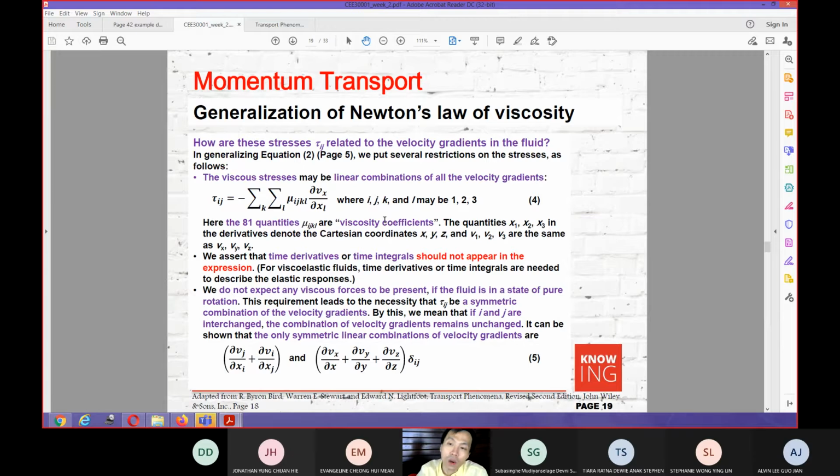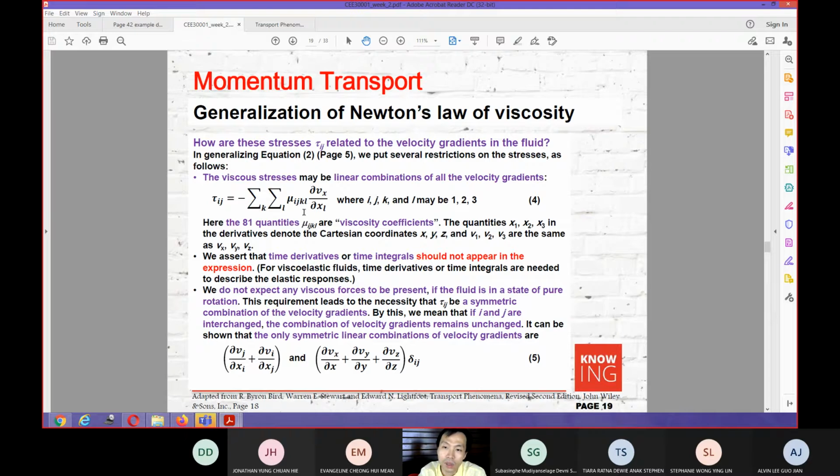Now we go into how these generalizations can be simplified. If you have these viscous stresses, you may have several different combinations of viscosity. In the i direction you have 3, in j you have 3, k you have 3, l you have 3.